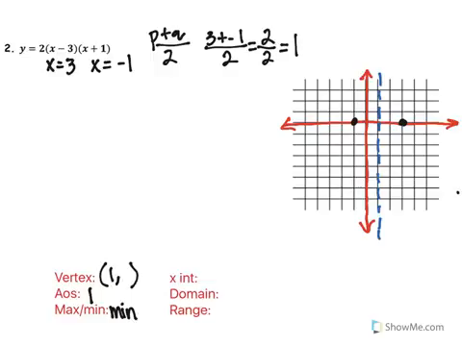So how do I find my y for my vertex? Plug in 1 for x. y equals, can you see blue? Well, 1 minus 3, 1 plus 1.